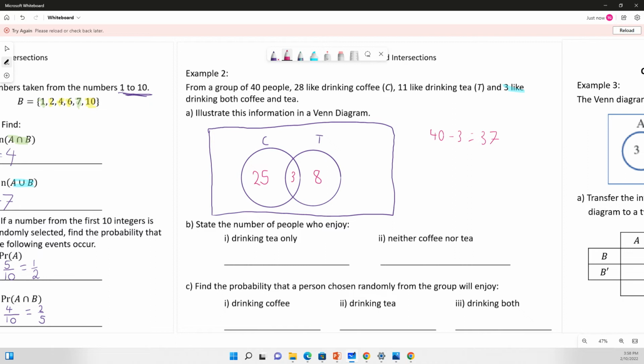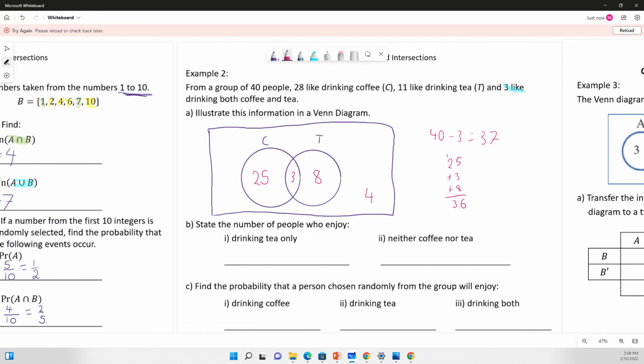There are 40 people in this group. So far we've got 25 plus 3 plus 8. 5 plus 3 is 8, plus 8 is 16, so 36 people accounted for, but there are 40 in total. That means there must be 4 people who don't like drinking either.